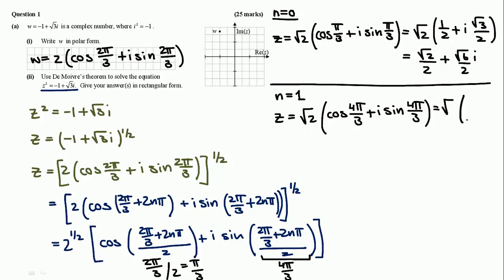This will give me the square root of 2 by minus a half minus the square root of 3 over 2 i. So if we simplify, we're going to get minus the square root of 2 over 2 minus the square root of 6 over 2 i.